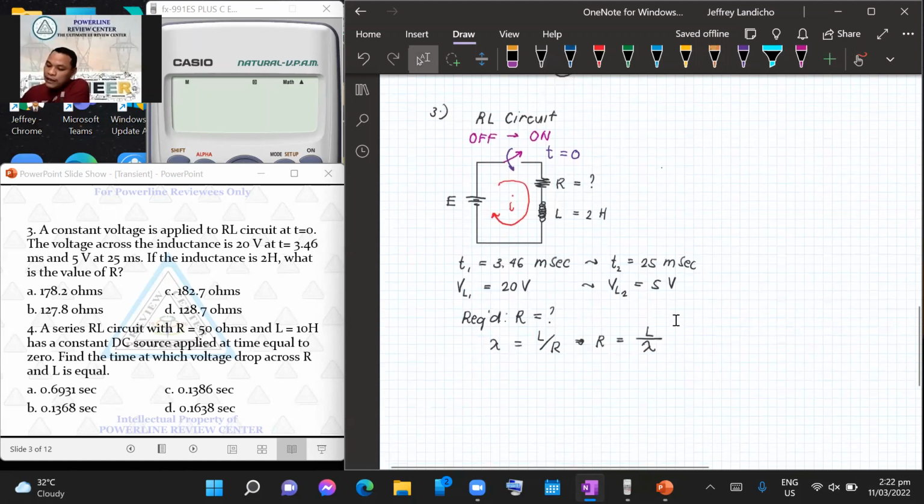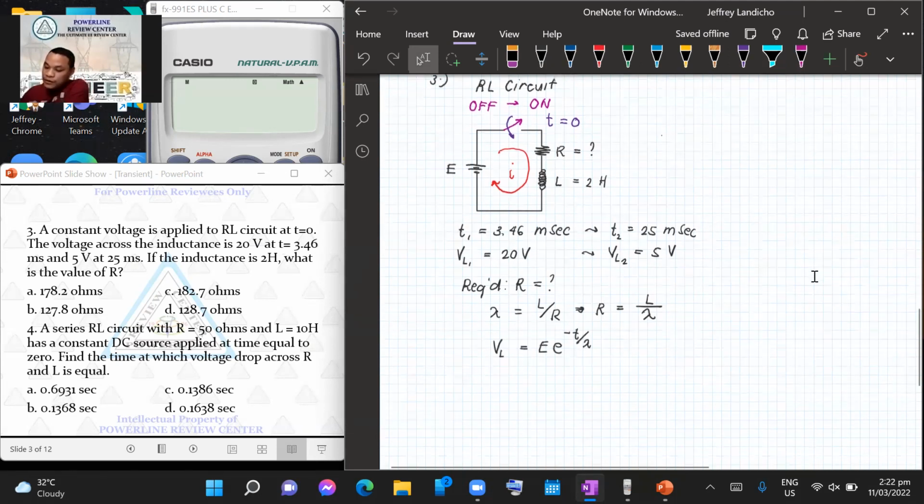So kung babalikan natin kanina, the voltage drop across inductance is simply equal to E, source voltage, E raised to negative t over lambda. So using this equation, i-substitute natin yung dalawang value, no? VL2, t sub 2. VL1, t sub 1.